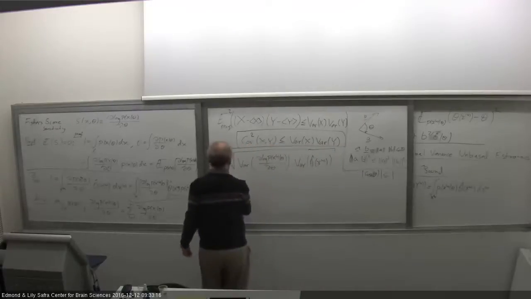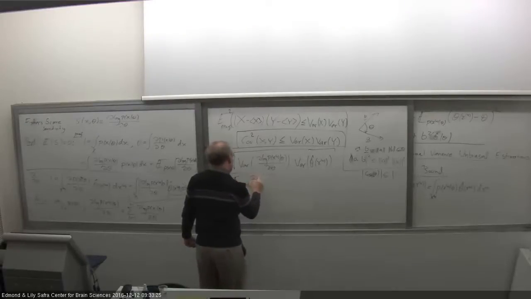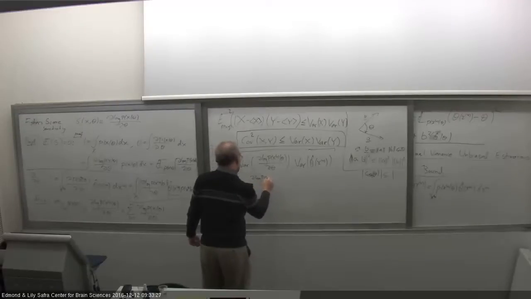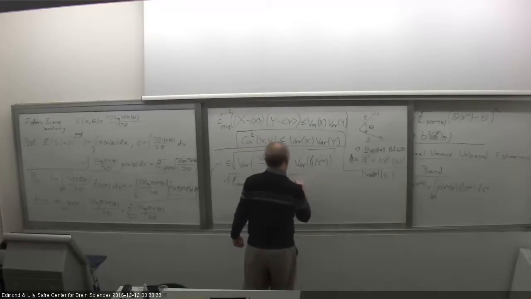This is actually equal to the square root of the second moment of the score square, times the square root of the variance, or the standard deviation, of the estimator.